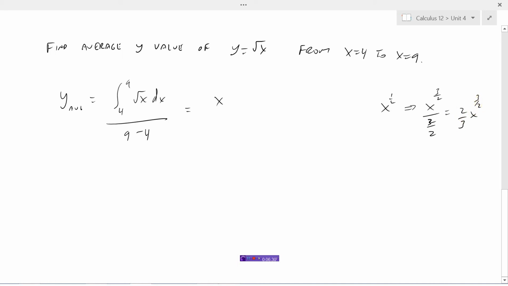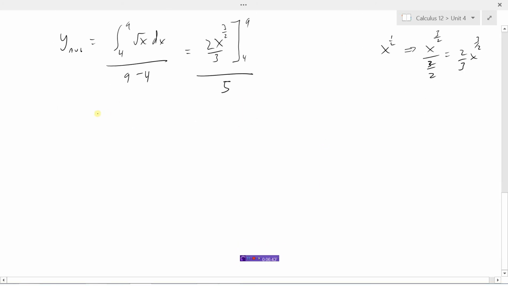So this would be 2/3 x to the power of 3 over 2, and I'll have to evaluate that from 4 to 9, divided by 9 minus 4, which is 5. So substituting in the 9, that would be 2/3 times 9 to the power of 3 over 2 minus 2/3 times 4 to the power of 3 over 2, all divided by 5.